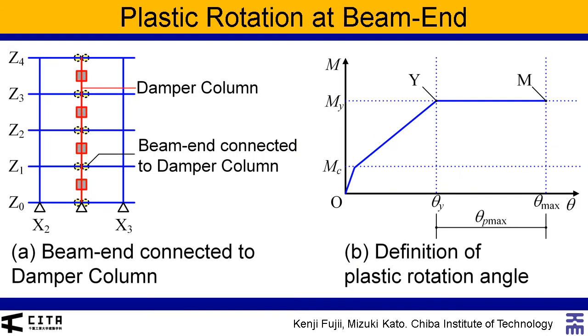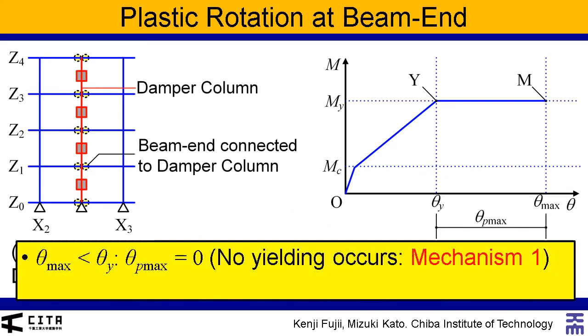Next, our discussion begins from the plastic rotation of the beam end connected to damper columns. Here shows the beam end connected to the damper column. This figure depicts the definition of the plastic rotation angle. Here, theta p max is the peak plastic rotation angle.